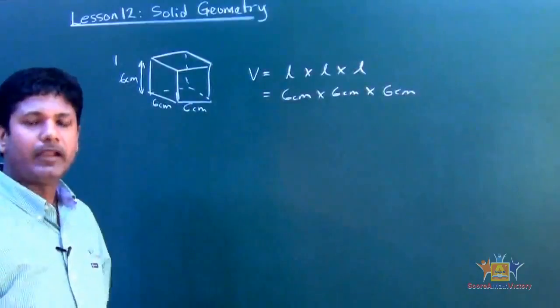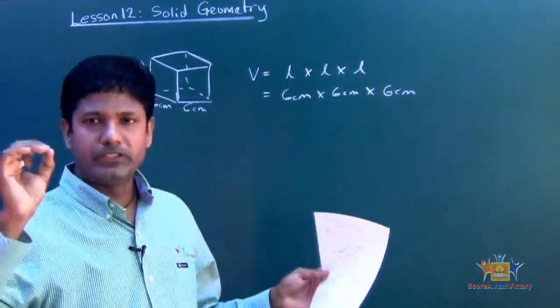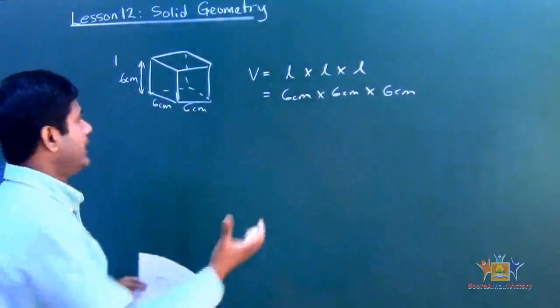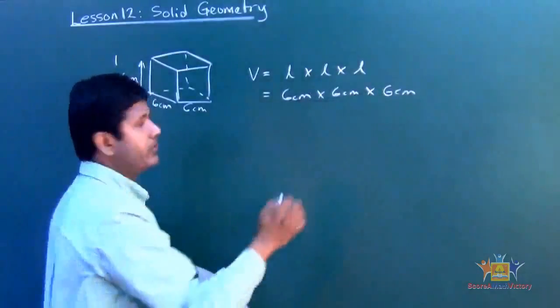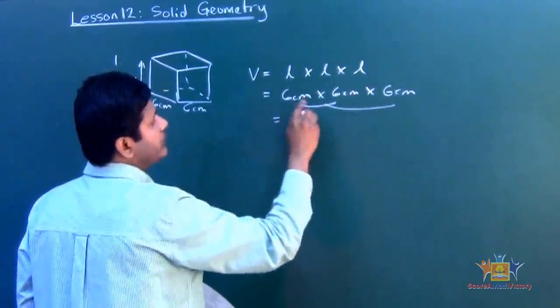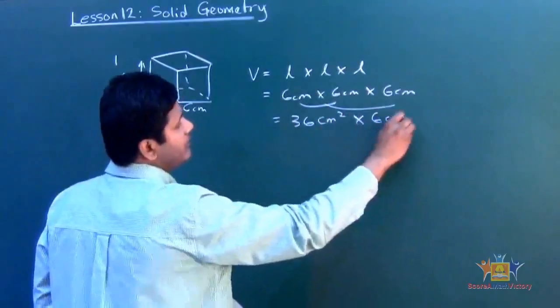Keep in mind again, for a cube, all you need to know is just one length. Because all the lengths are identical, 6 times 6 times 6, and we use a pairing method, okay? So 6 times 6 is 36 centimeters squared times 6 centimeter.